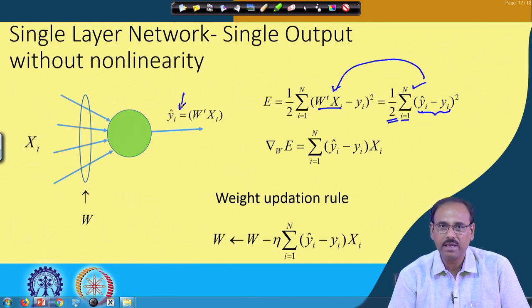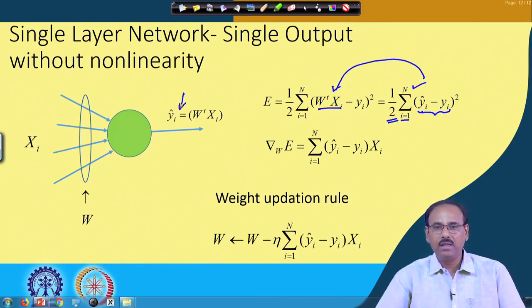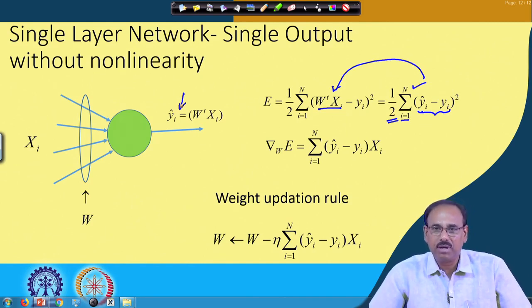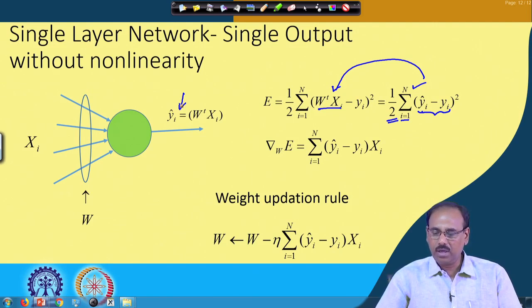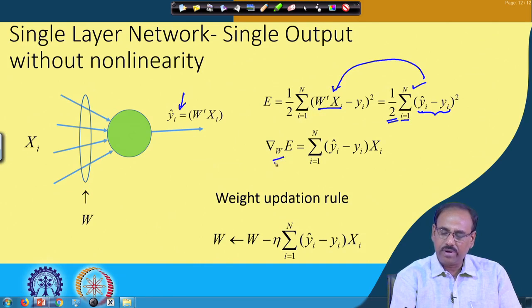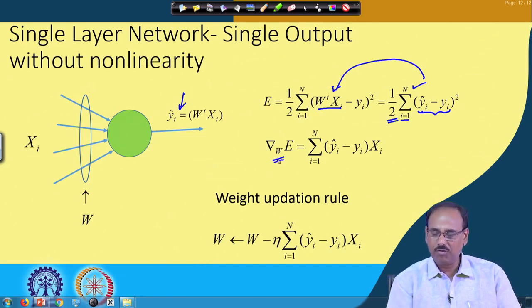Next, as we said, we will employ the gradient descent approach, as we have done before, for training the network or updating the weight vector w. So, I take the gradient of E with respect to the weight vector w, and here you find that this gradient is nothing but yi hat minus yi times xi, where xi is the input training vector.